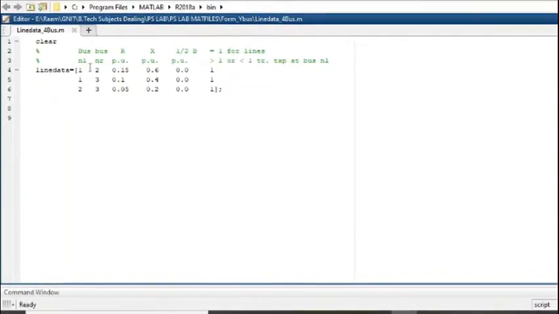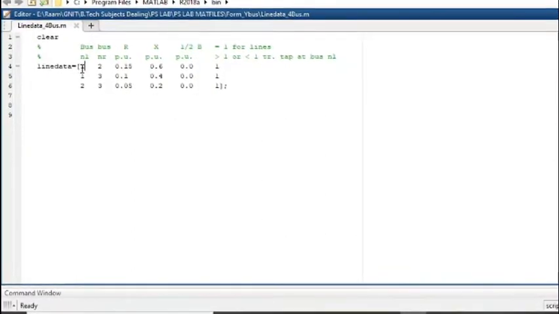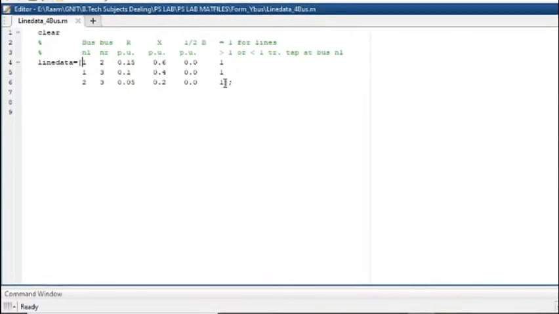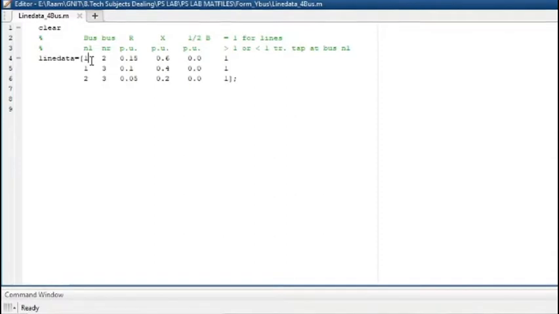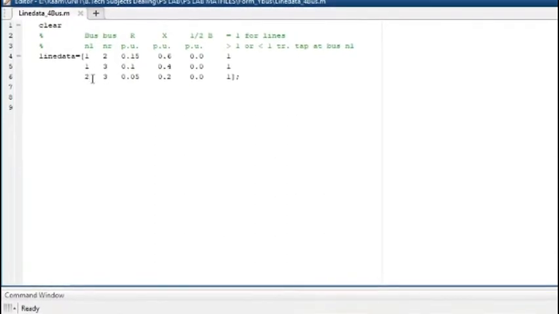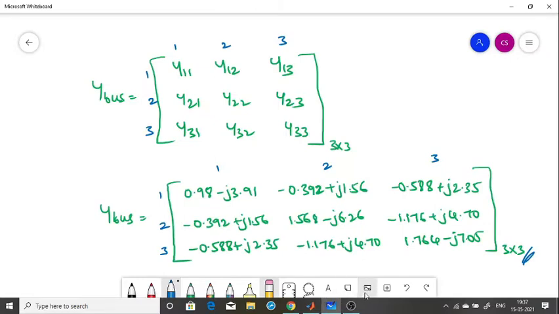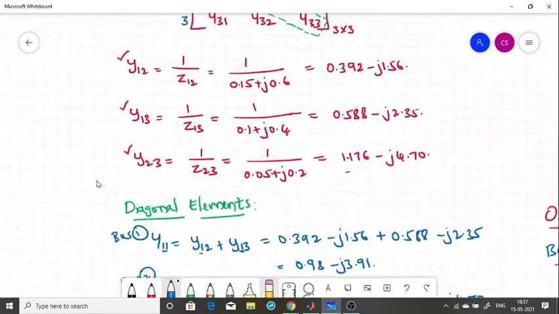Now what you need to do? Enter line data equal to, and start writing the line data in terms of brackets. NL indicates the starting bus. For example, here, as per the power system network, you need to write down that line data.